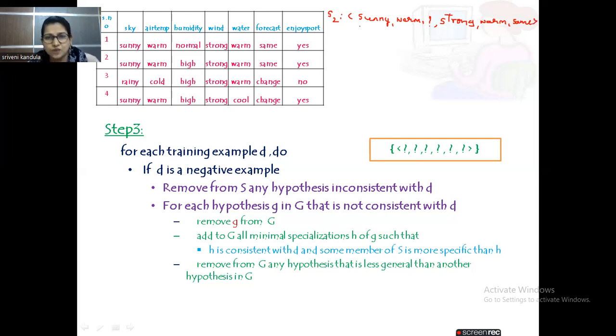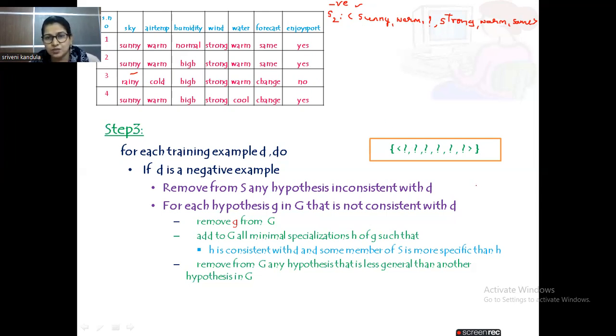Now let us check whether this specific hypothesis will correctly classify my example or not. The first value here is sunny, but here it is rainy. Because of this, this example will be classified negative by my specific hypothesis. Actually, this is a negative example, so it is a correct classification. S2 is consistent with the example.